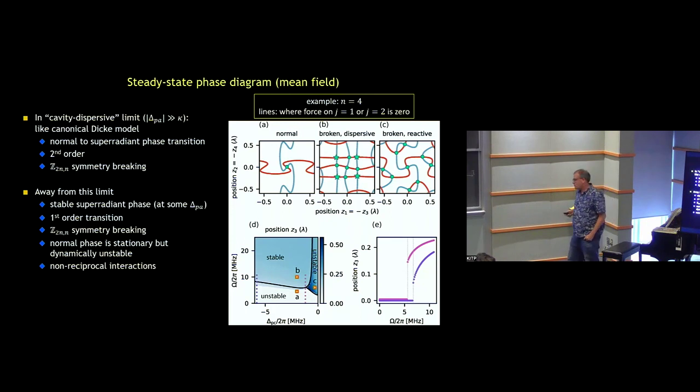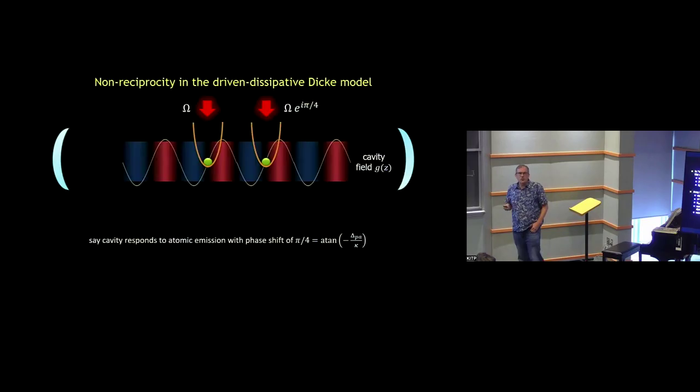To illustrate how you get non-reciprocal interactions in this driven dissipative system, let me use the following simpler model. So imagine I have two mechanical objects in the cavity, let's say two atoms or two batches of atoms, and I drive one of them with light, and I drive the other one with light that is advanced by a phase of pi over 4, just for this simple illustrative example.